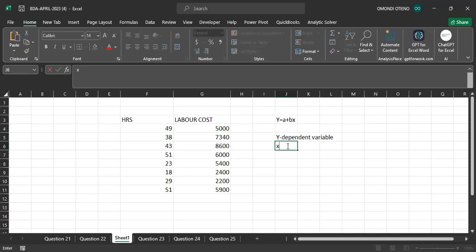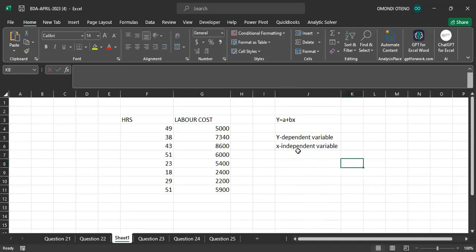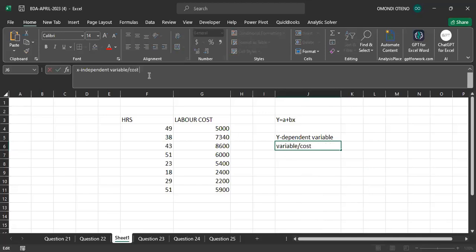X, we call it the independent variable. It determines what the outcome will be, right? That is X. X here, we also call it cost driver.